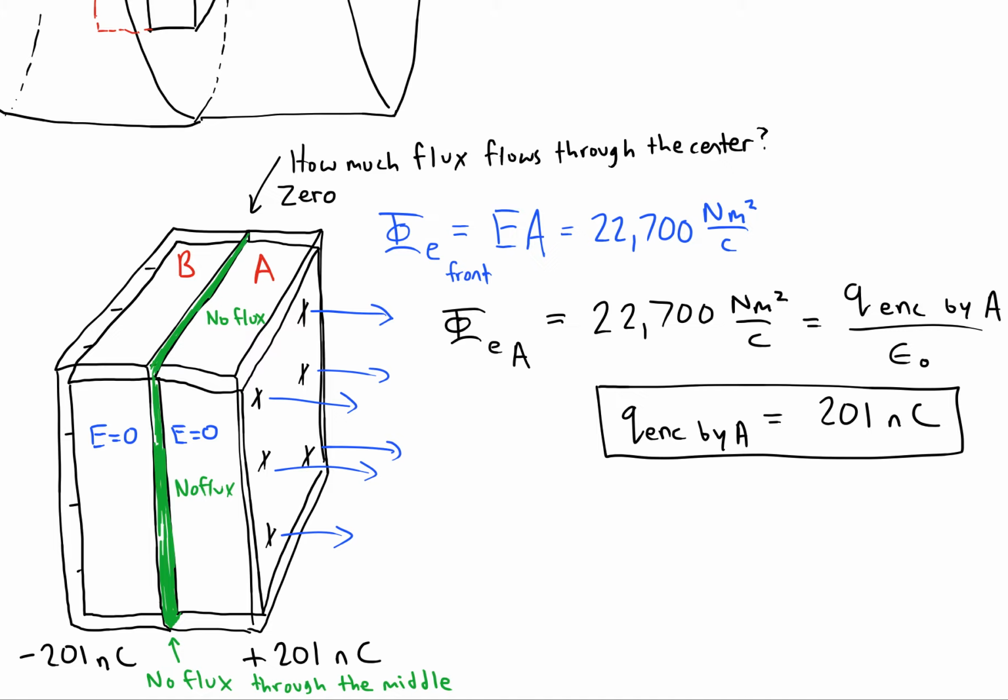The last question asks us to find the surface charge density on each of the faces. So for that, I'll use the formula for surface charge density. Plug in my 201 nanocoulombs and my 0.55 meters squared.